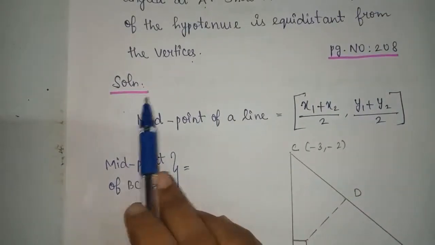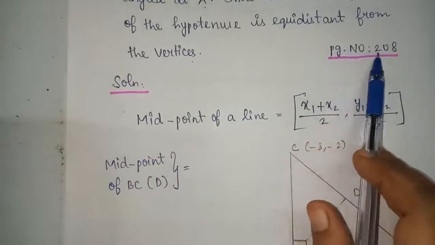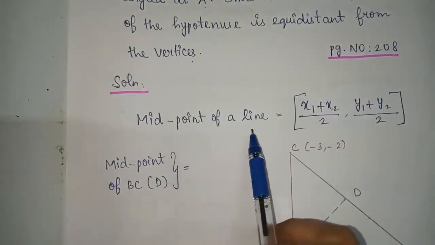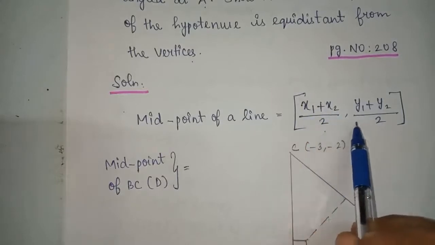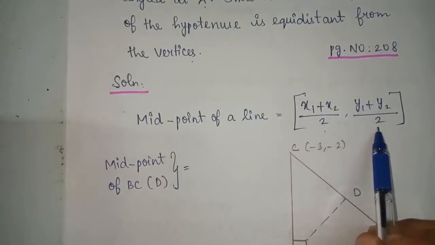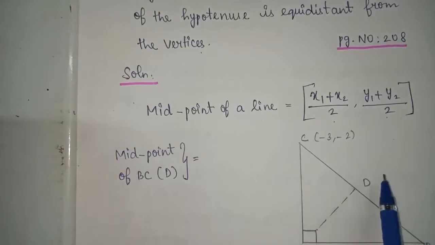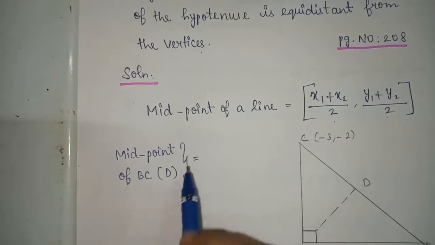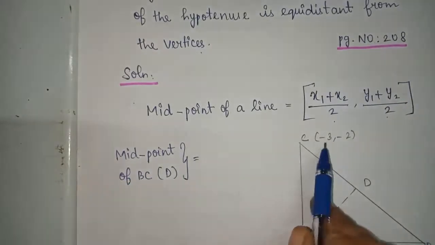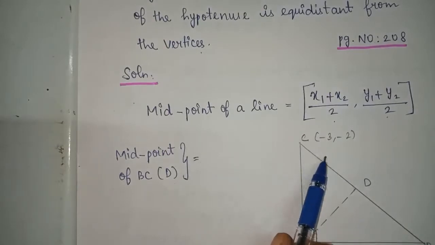So, solution. This problem belongs to the same page number 208. The midpoint of a line is equal to, this is the formula, ((x1 + x2)/2, (y1 + y2)/2). First we are going to find the midpoint of BC, or otherwise the D coordinate. So the midpoint of BC is equal to, x1 value is -3, and 3.